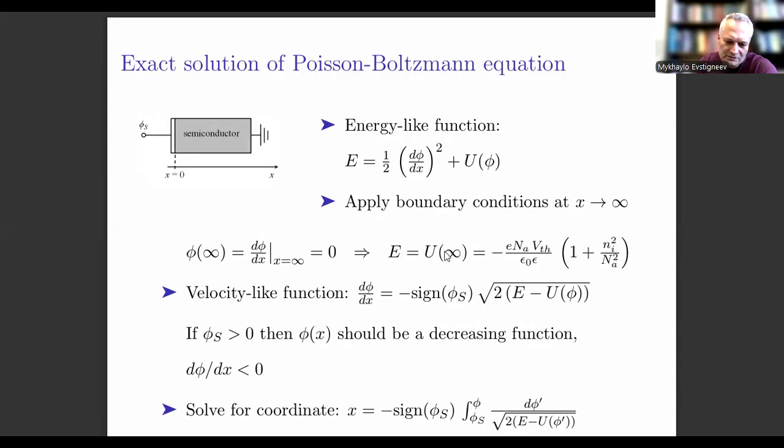I should say this infinity means x goes to infinity, not φ goes to infinity. φ goes to zero at x goes to infinity. So substituting φ equals zero in this potential energy-like function gives us the value of the energy.